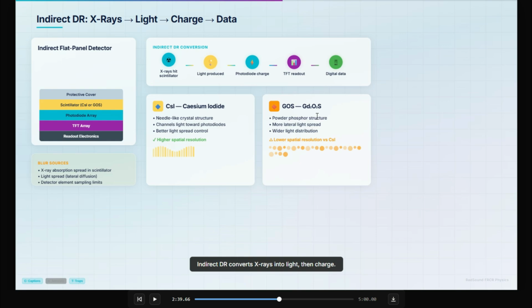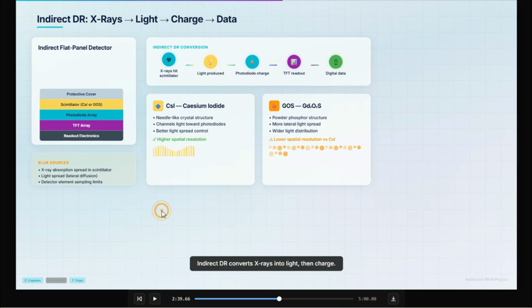Whereas gadolinium oxysulfide is a powder phosphor with more lateral light spread, and it has somewhat less spatial resolution compared to the structured cesium iodide. This is very important for the exam, because they may ask a question that indirectly points out that cesium iodide has better spatial resolution than gadolinium oxysulfide.